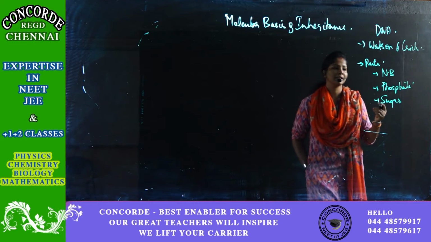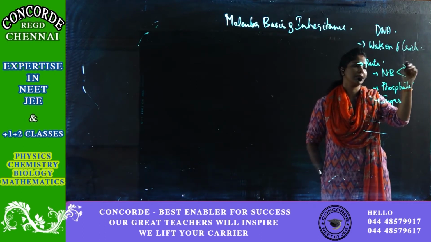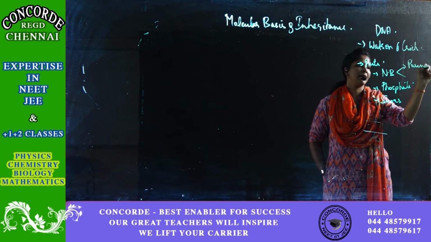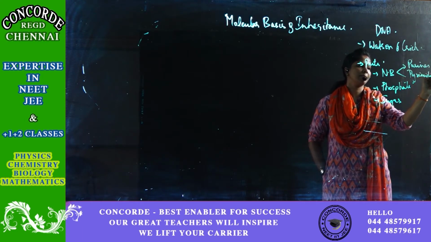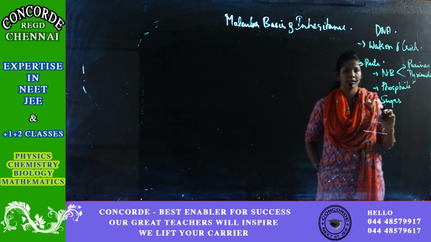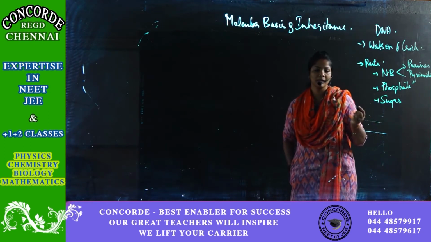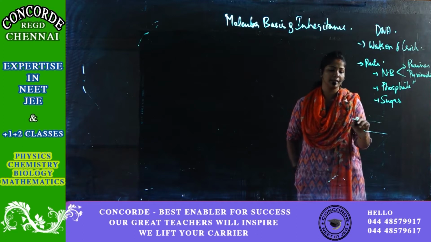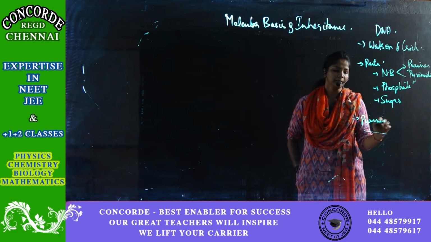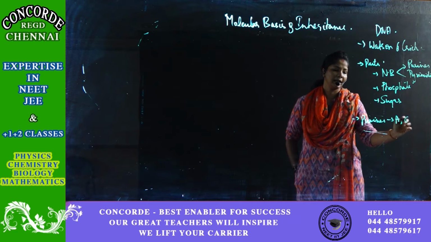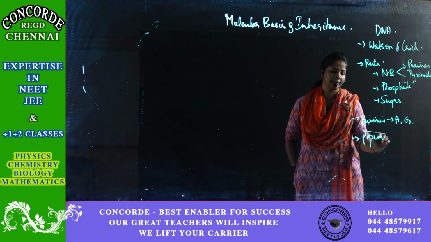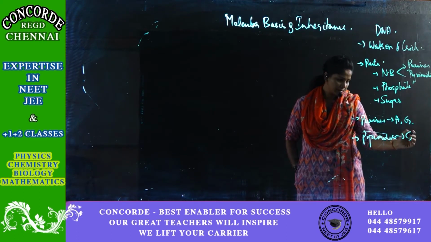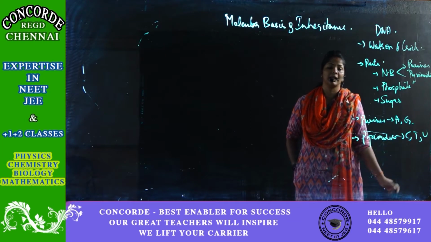Nitrogenous bases are of two types, purines and pyrimidines. Examples of purines are adenine and guanine. Examples of pyrimidines are cytosine and thymine, and uracil in the case of RNA.